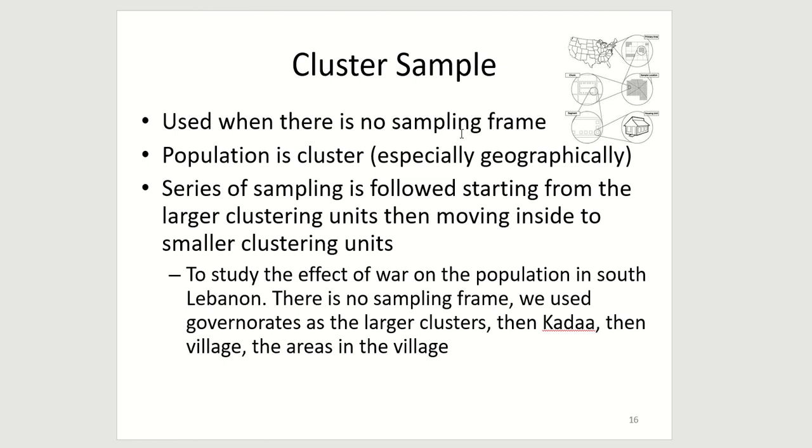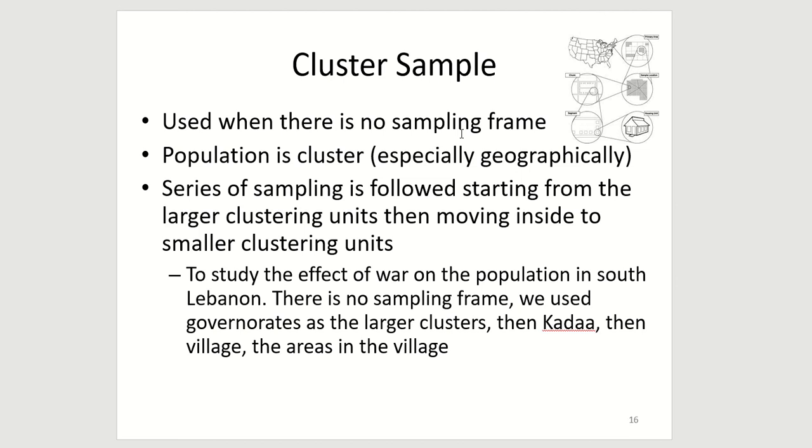So maybe you want to take a sample from people in Lebanon. We know that people cluster inside households, households cluster inside neighborhoods, neighborhoods cluster inside villages, villages cluster inside districts, districts cluster inside governorates, and the five governorates create Lebanon.